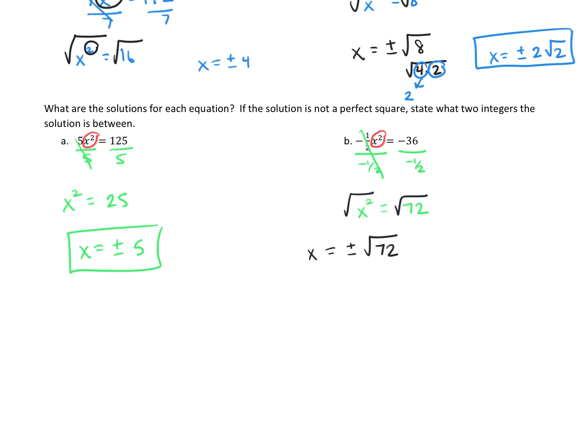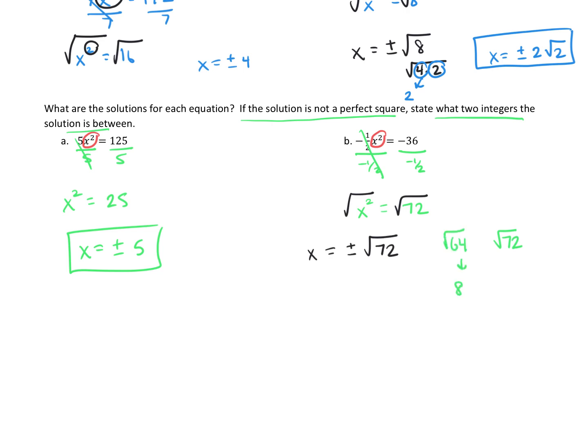It says, if the solution is not a perfect square, state what 2 integers the solution is between. So this just uses a little bit of number sense. We're looking at the square root of 72. Well, what numbers do you know the square root of that are near 72? You might say, well, I know the square root of 64.